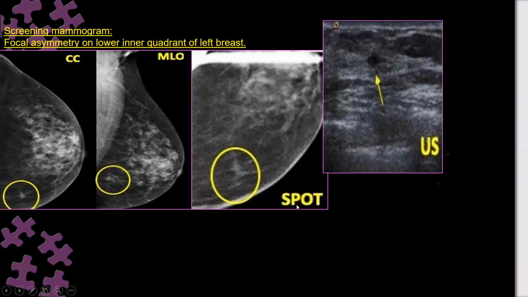We discussed that issue before. Because this complex or heterogeneous parenchyma and these small lesions, look at this one, simulate, but because here it is surrounded by fat, it appears like an asymmetry, but it might be within these portions. So I'm not sure exactly if this corresponds to that one or not.